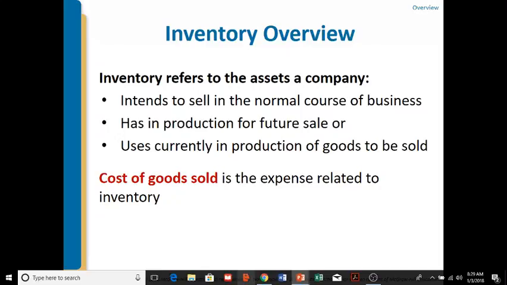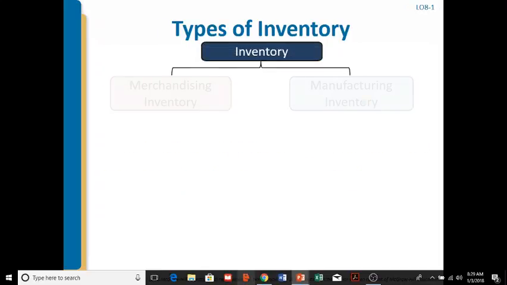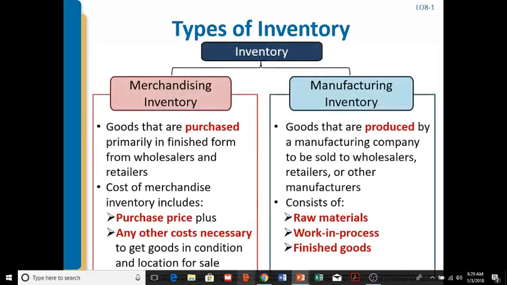Now, we account for the sale of inventory as an expense item that's related to the inventory, and that account name is called cost of goods sold. Now, the type of inventory a business would have depends on the nature of its business.